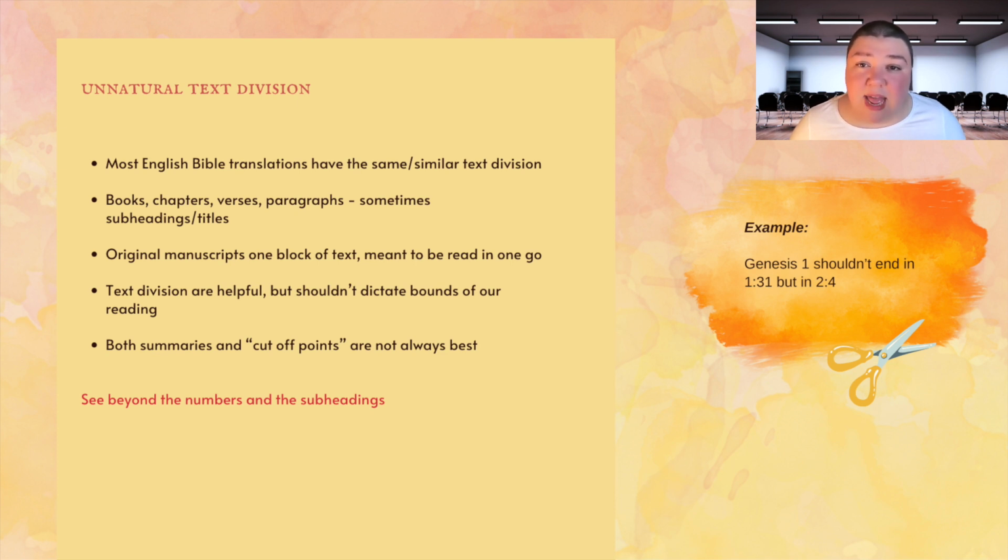Genesis 1 ends in verse 31, but really, if you read the story, it should end in chapter 2, verse 4, with chapter 2 beginning in 2:5. So just be aware of these unnatural divisions, and see beyond the numbers and the subheadings when it's relevant.